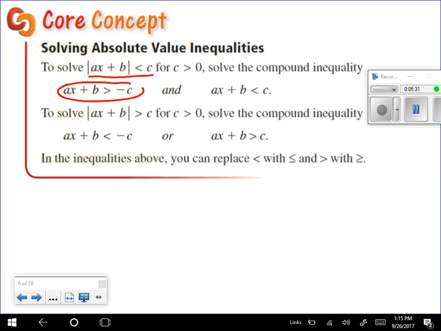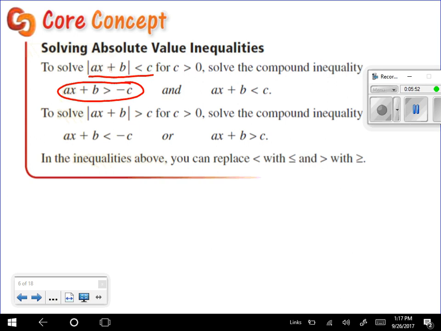We have ax plus b is greater than negative c. So flip your inequality and you now have a negative number. And then you have this other piece, which would be ax plus b is less than c.